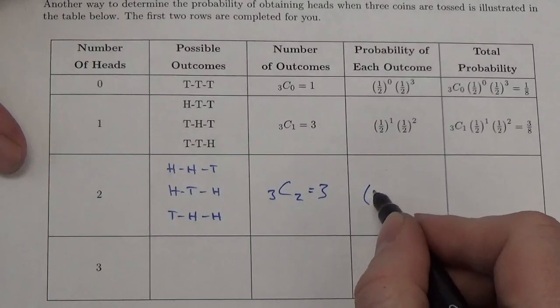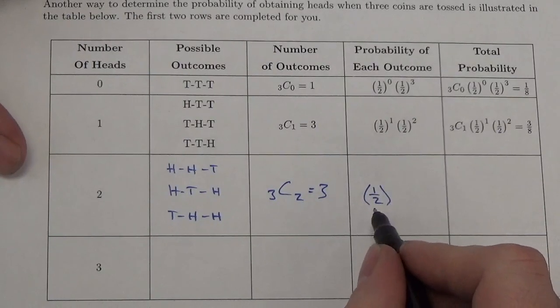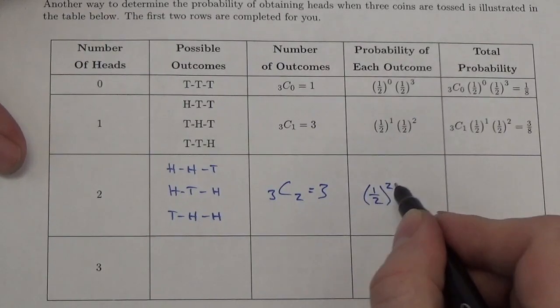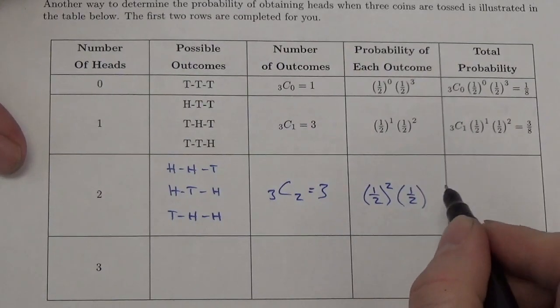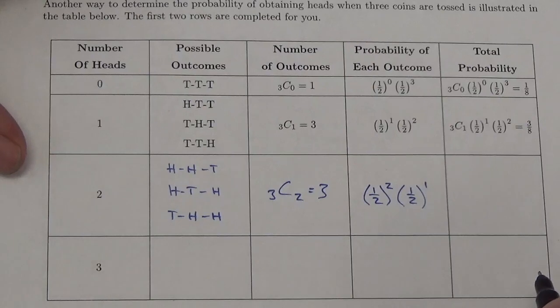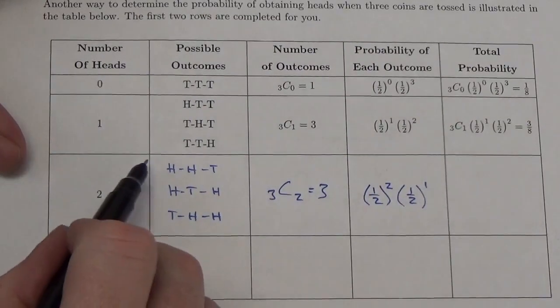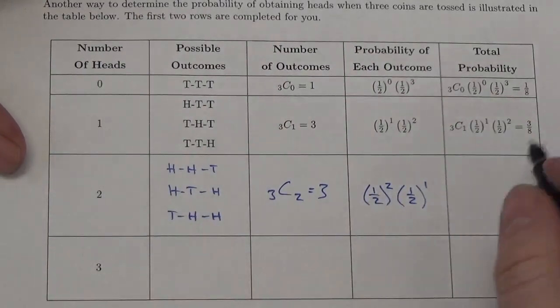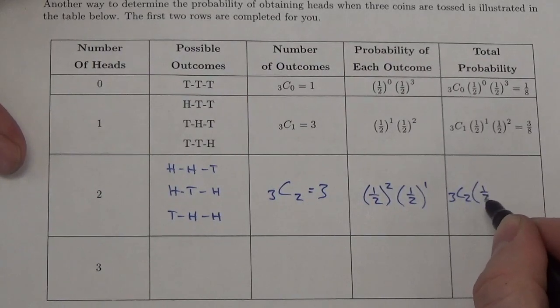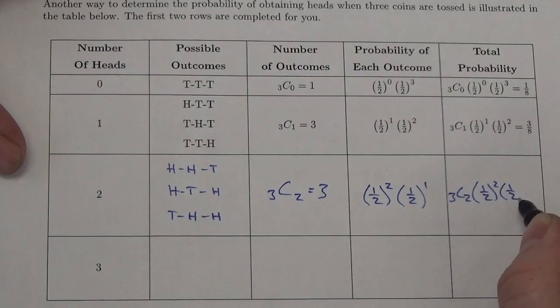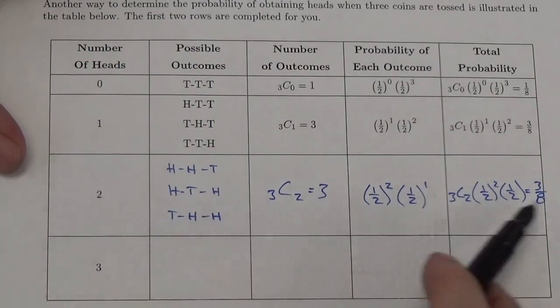Now, the probability that I get a head is 1/2, and I want that to happen twice. The probability that I don't get a head, or I get a tail there, is 1/2, and I only want that to happen once. So this is the probability of a single one of these events. So now if I multiply 3 choose 2 by 1/2 squared by 1/2, I will once again get 3 out of 8. That's the probability that this event occurs.